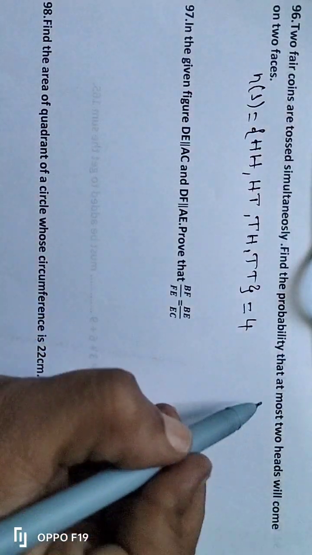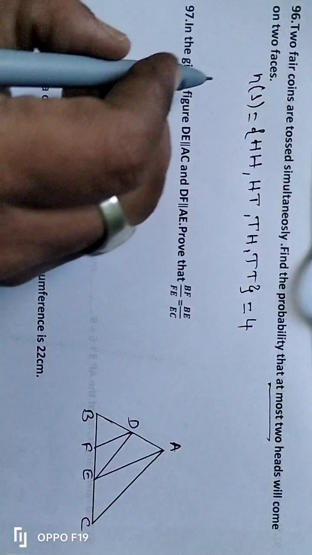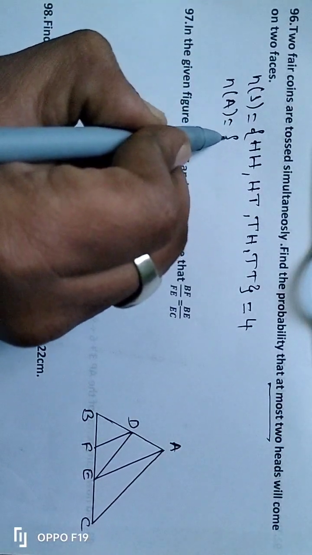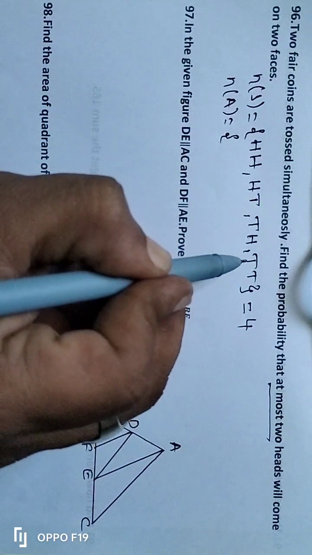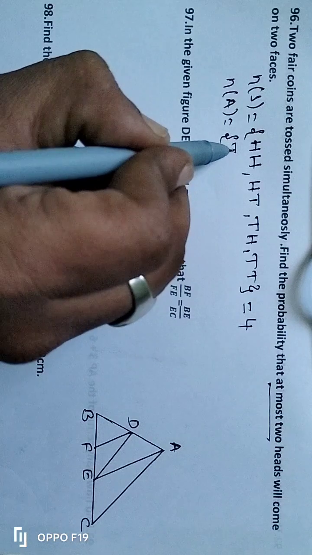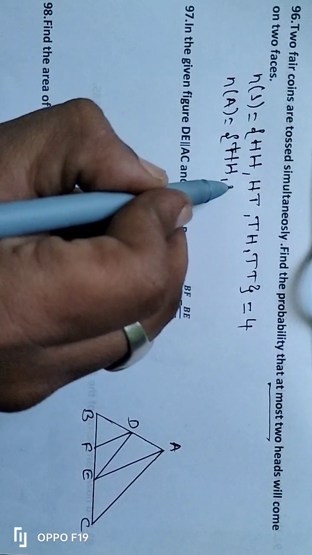In that one, what he told is at most 2 heads. At most 2 heads means n of A is equal to, even though there will be no heads also, you have to take. At most 2 heads.